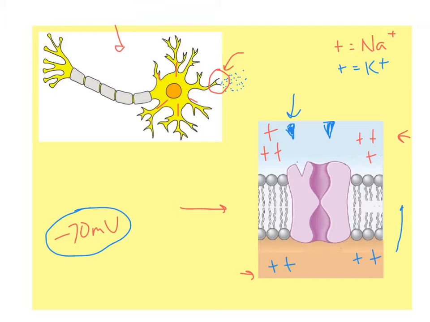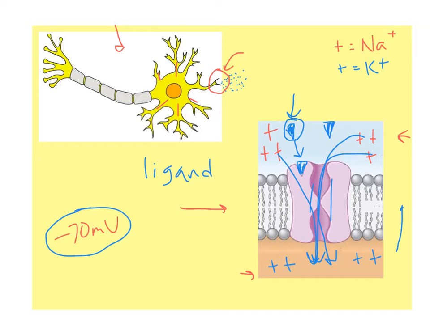When one of those neurotransmitters fits into this gate, this channel, remember this is a ligand-gated channel because it opens up to a specific key, in this case a neurotransmitter that fits in right there. When that happens, this gate opens up and allows these sodium ions to rush into the cell.